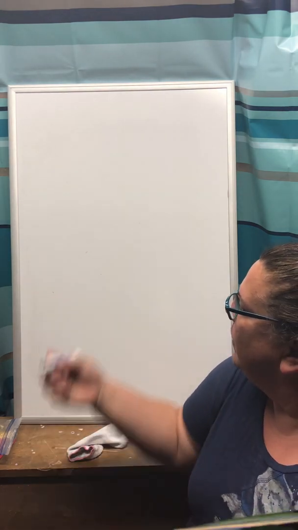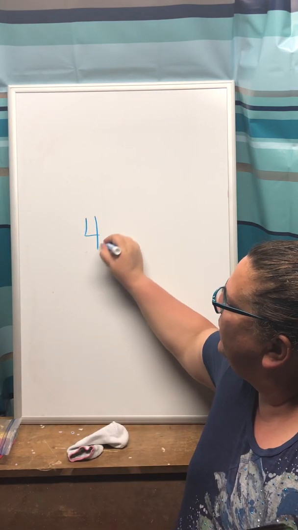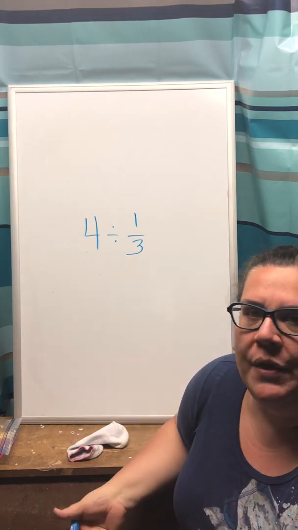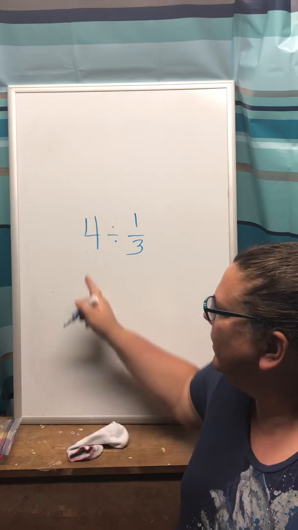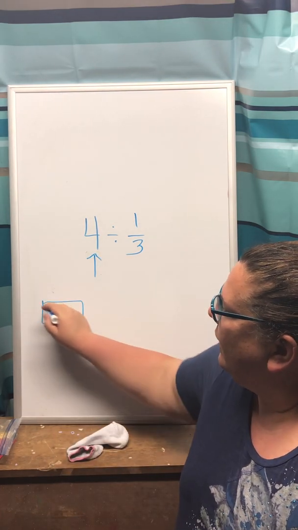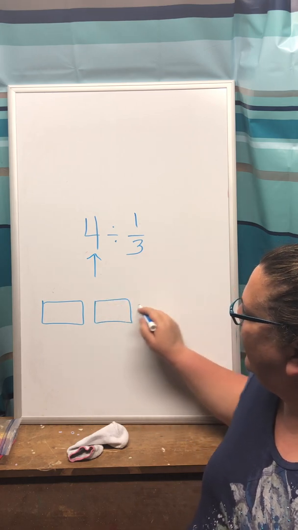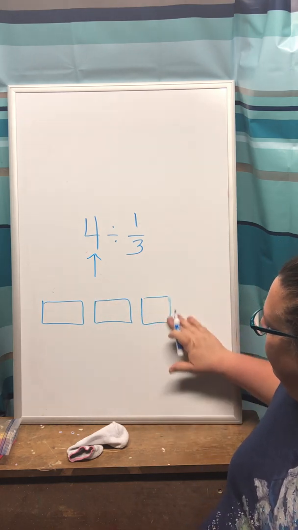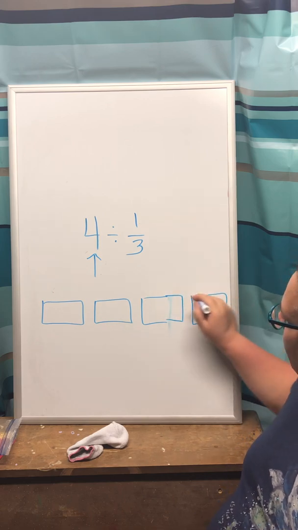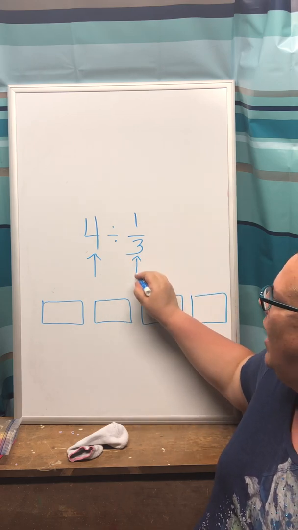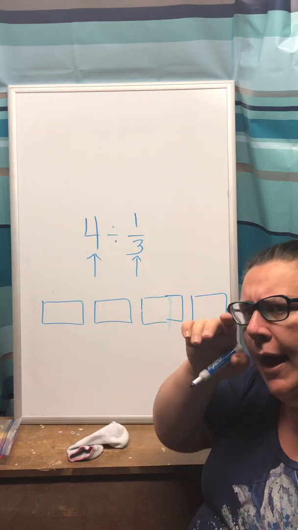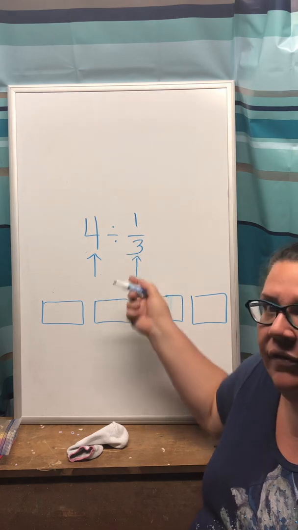So with the problem 4 divided by 1/3, again, we can use a picture to represent this problem. So we're starting with 4 wholes. So if I use rectangles, for example, and I'm cutting each one, so 4 divided by 1/3, I'm cutting each one into pieces of thirds.